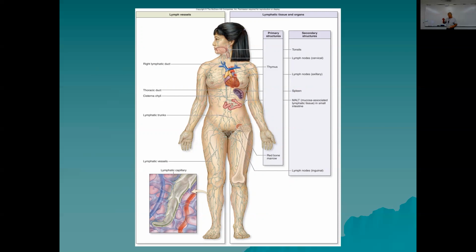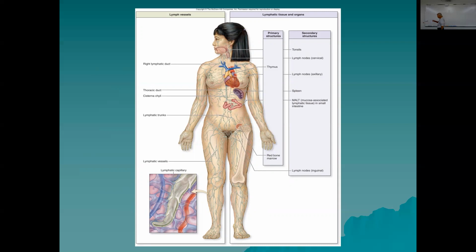And we're going to see them in a little closer detail, I think, in the next slide. And then they become lymphatic vessels, lymphatic ducts, a large, almost like a sinus, called the cisterna chyli, thoracic duct, right and left thoracic duct.